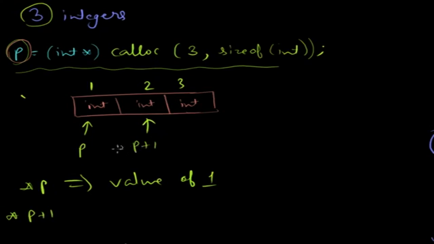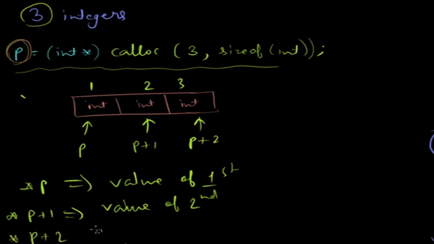When you increment a pointer, it actually points to the next integer or next data type. So we incremented the pointer, p+1 points to the next int. So *(p+1) gives the value of the second integer, and this is p+2. p+2 points to this, *(p+2), right? Third.